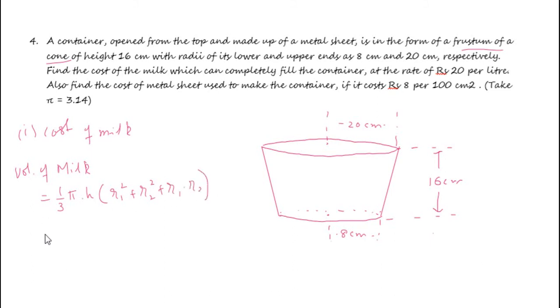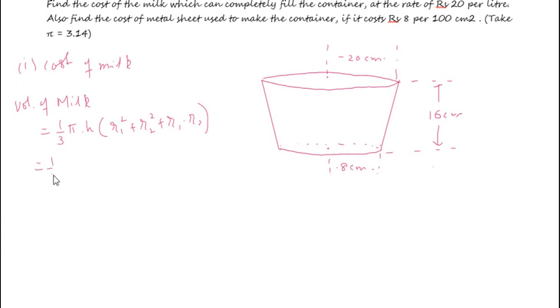This is the volume. This is equal to 1 by 3 into pi, pi is 3.14, into h is 16, into r1 square, 8 square, that is 64, plus r2 square, 20 square, that is 400, plus r1 into r2, 20 into 8, that is 160.